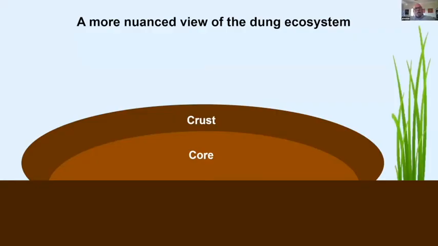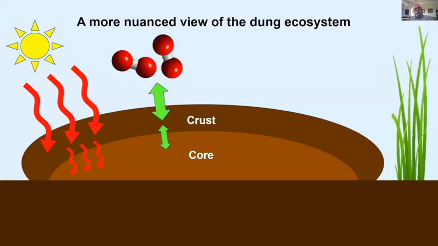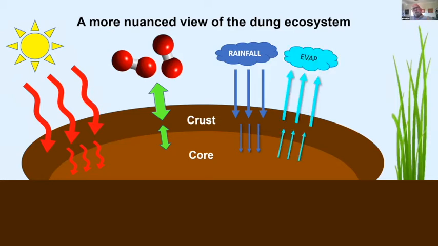I've divided the dung pat into a crust and a core zone, and I'm looking at the rate of temperature gain in the crust versus core, oxygen migration to the crust and core, both as a function of diffusion as well as facilitated by dung beetle tunneling activity, the effect of rainfall on the fecal moisture content, as well as loss of moisture from those regions by evaporation, and then the removal of dung from the pat by dung beetle activity. So these are all incorporated into the model.